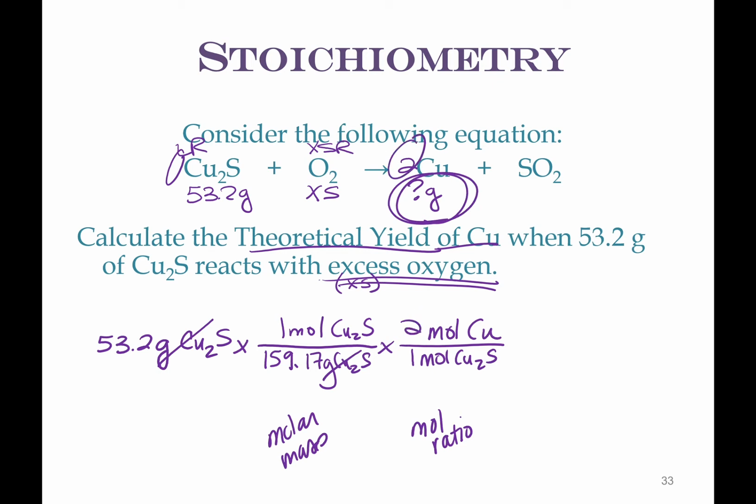So 2 moles of copper. So for every 1 mole of copper, I get 63.55 grams of copper. So then I'm multiplying by molar mass times mole ratio times molar mass again, but of the different compound. That's going to be our setup for almost all of these. So when I calculate that in my handy dandy calculator, I'm going to move this down.